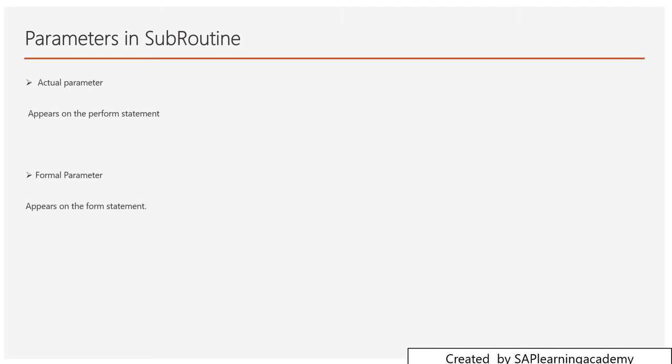So that is the main difference. If you are writing the PERFORM statement, whatever parameters you are using there are called actual parameters. And when you are writing FORM and ENDFORM, those parameters are called formal parameters.